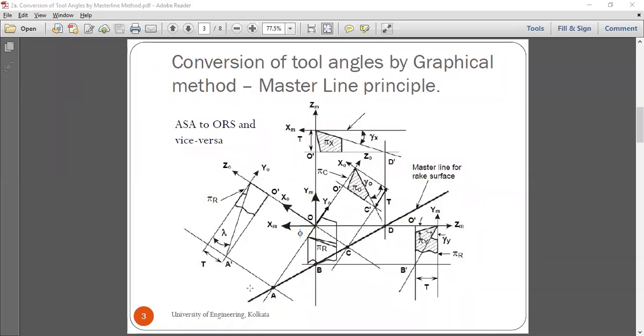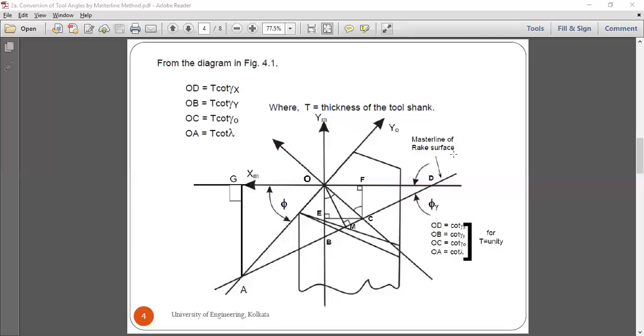Now let us look into a simpler diagram. This was figure 4.1, and this figure is 4.2. If we look into figure 4.2, we can see that we now know the values of OA, OB, OC, and OD, right?